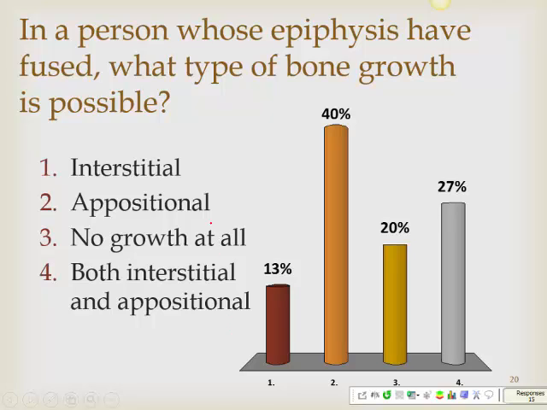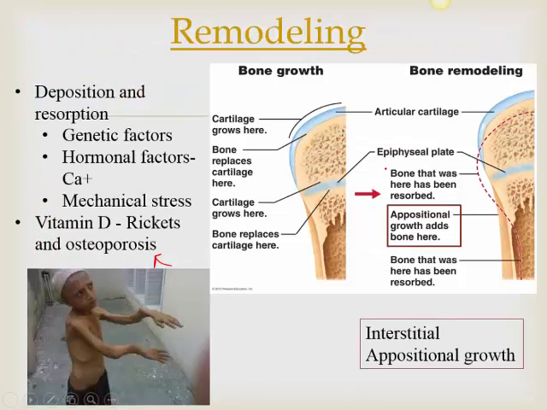The correct answer is appositional growth. You see, if the epiphysis has fused, you cannot have interstitial growth. Interstitial growth is growth in length, and that growth is because of this epiphyseal cartilage, because this cartilage keeps forming cartilage and gets replaced by bone from below. Keeps forming cartilage, gets replaced by bone.